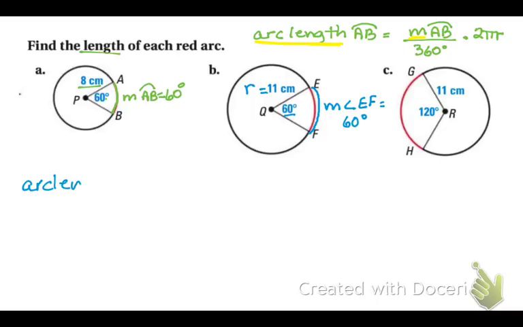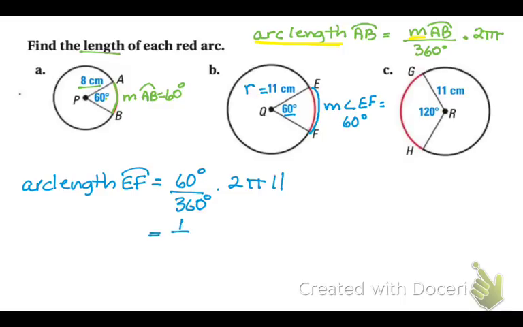Arc length of arc EF is equal to the measure of EF, which is 60 degrees, over 360 degrees, times 2 pi, the radius is 11.